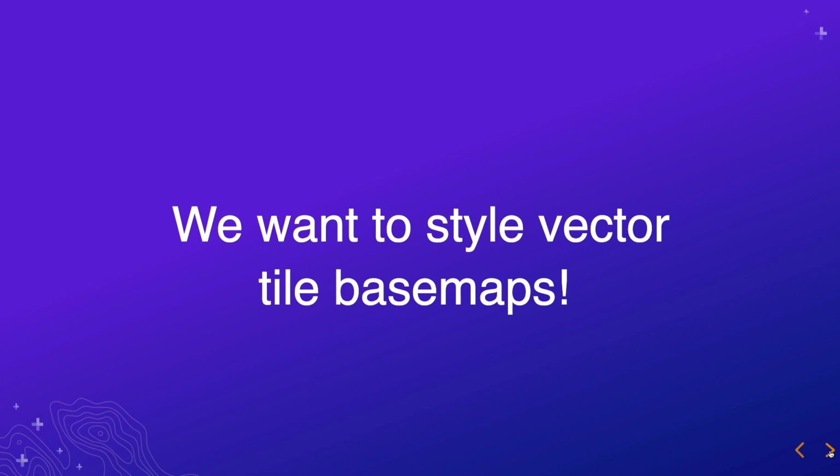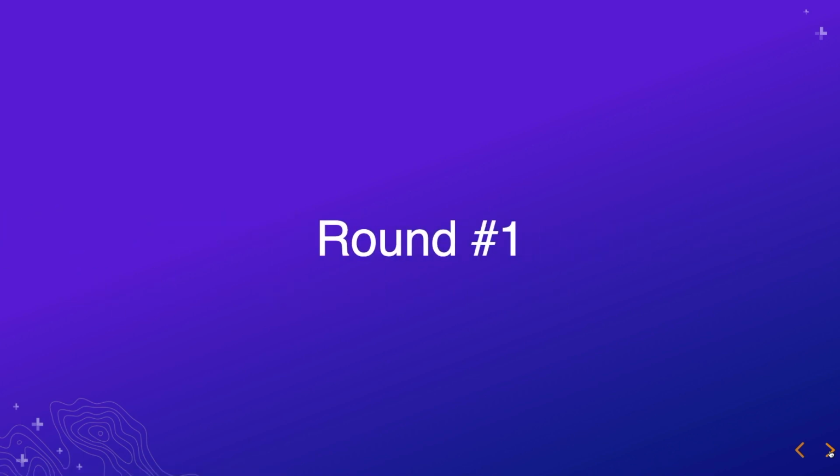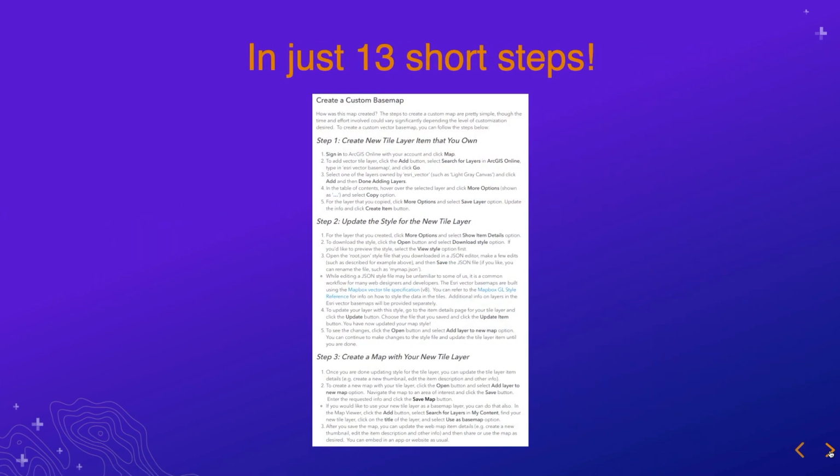The very first thing that we did was publish a blog saying you can do this today. You can go and find the base map tile layers, create your own layer from it or copy the layer over, download the JSON locally, make edits to the JSON, upload it back to your layer item, and then use that layer in your map.